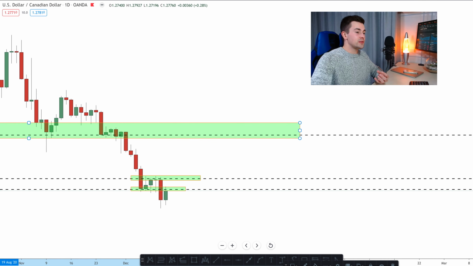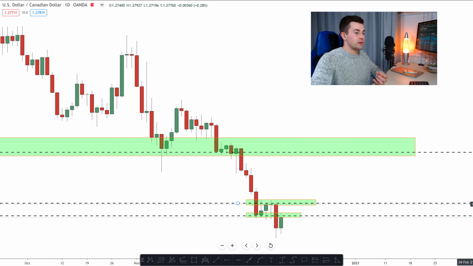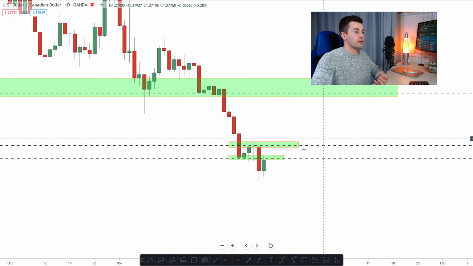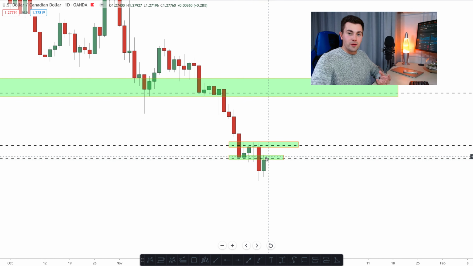And as you can see on a daily, the area that we have identified was reached on Friday. The price has reached that level on Friday, so it is the first point of a potential continuation. So here we should start our multi-time frame analysis.